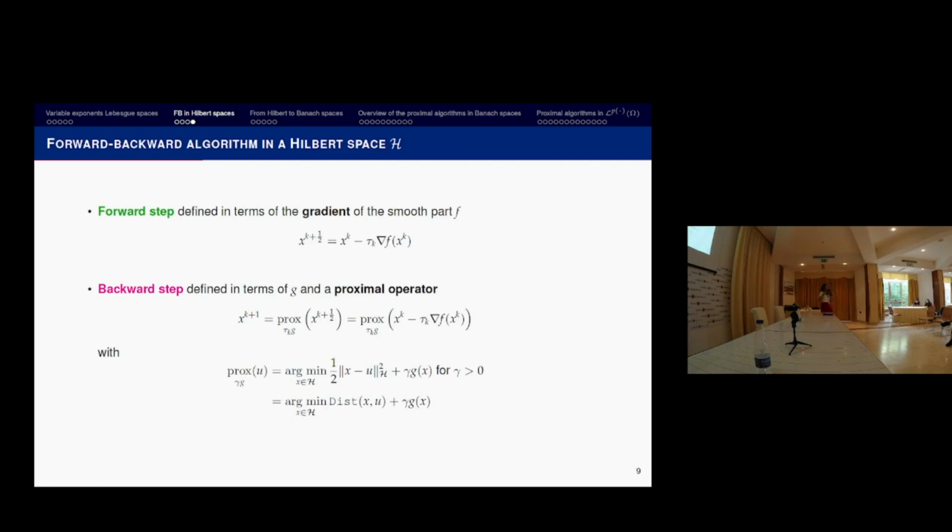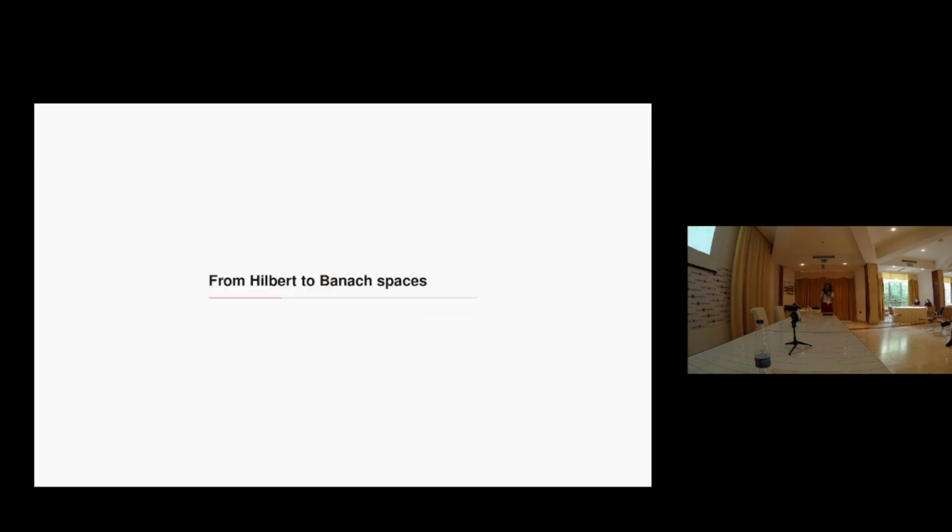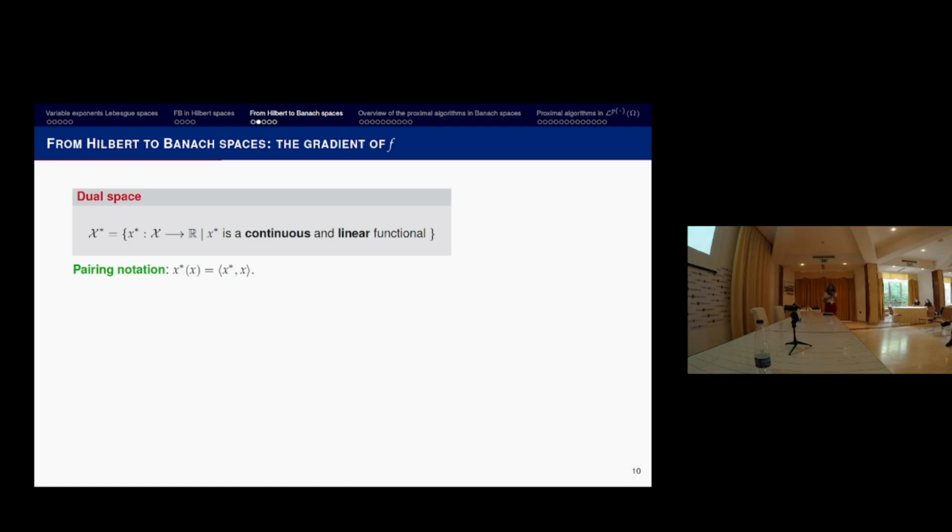And now we want to, with this in mind, define an algorithm in the Banach spaces first and then in the variable Lebesgue spaces. So the first problem that we have is that the dual space in the Banach spaces is no longer isometrically isomorphic to the space itself. And then we also do not have the scalar product.